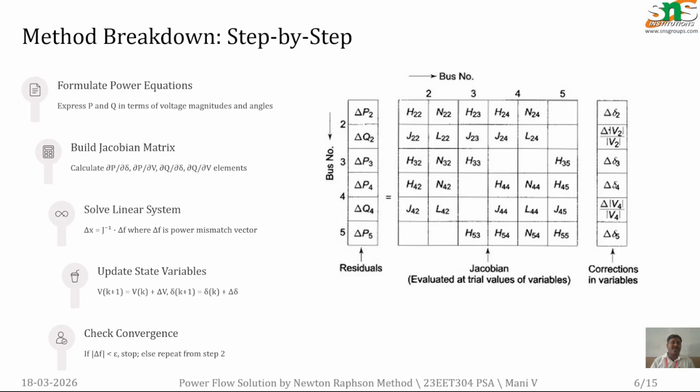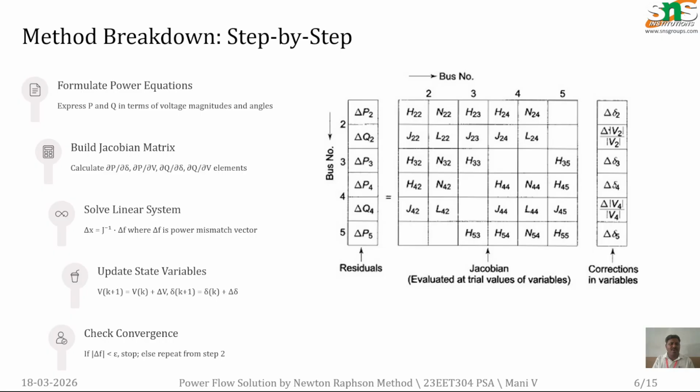From this Jacobian matrix, we can determine ∂P/∂δ, ∂P/∂V, ∂Q/∂δ, ∂Q/∂V, that is, the partial derivatives of real power as well as reactive power with respect to the angle and with respect to the voltage. We have to determine all 4 elements of the Jacobian matrix using the 4 different formulas, and solve the linear system to find the mismatch vector.